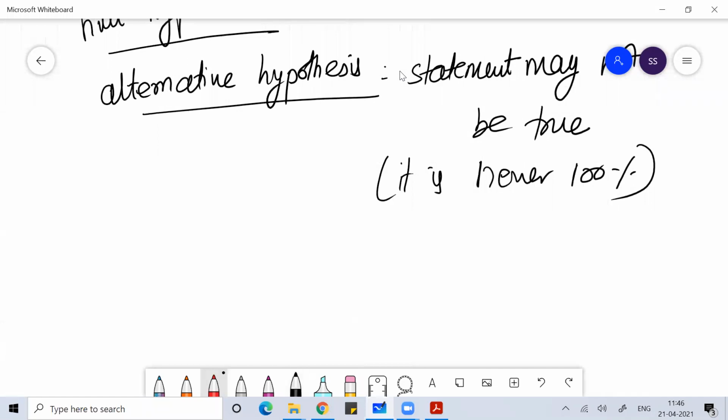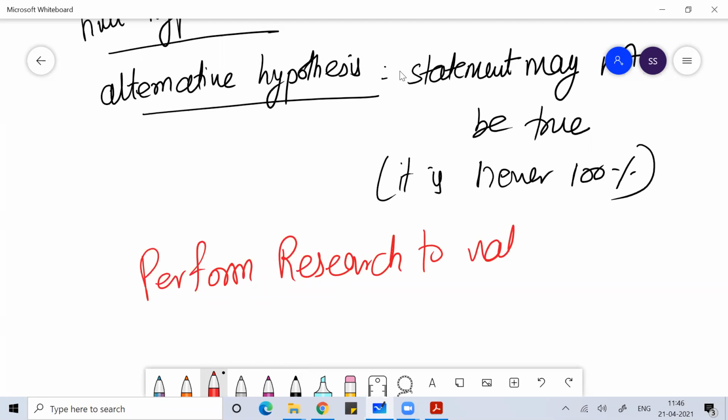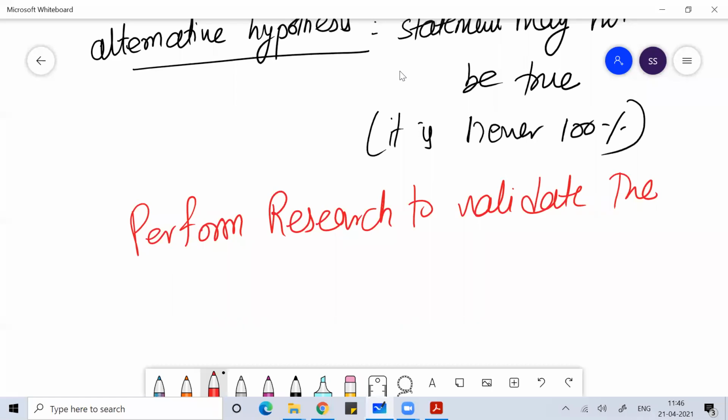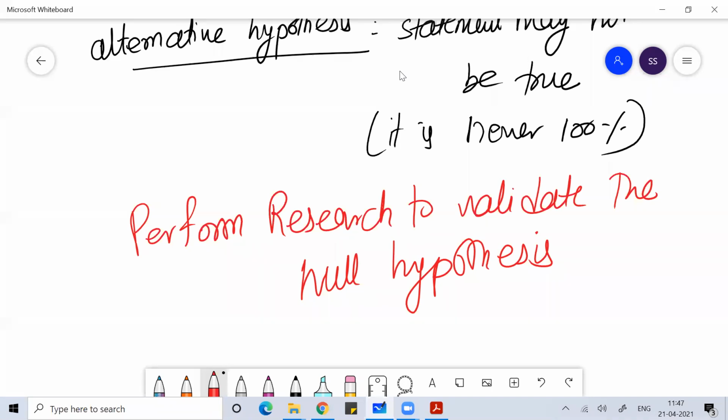We perform research to validate the null hypothesis, that is, whether it is true or not.